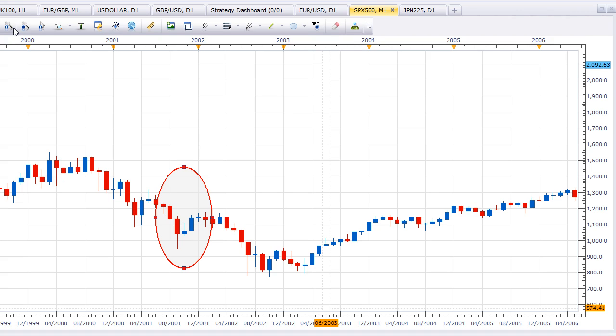So you might go on a chart and see a particular move, and then decide, okay, this is the S&P 500, the US equities index, so maybe I look at US news from this particular time.